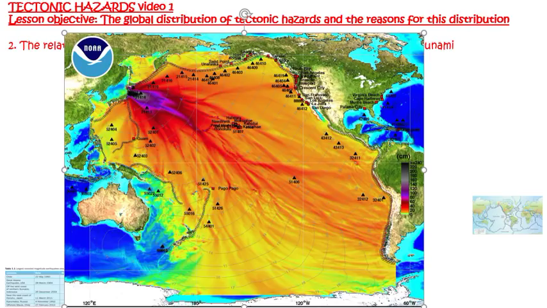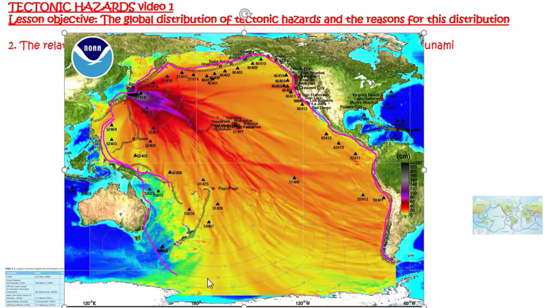So for instance, you've got the west coast of South America, Central America, moving up to the west coast of the USA, California, Alaska, across to Russia, northern China, Japan, Southeast Asia, Indonesia, even the east coast of Australia.